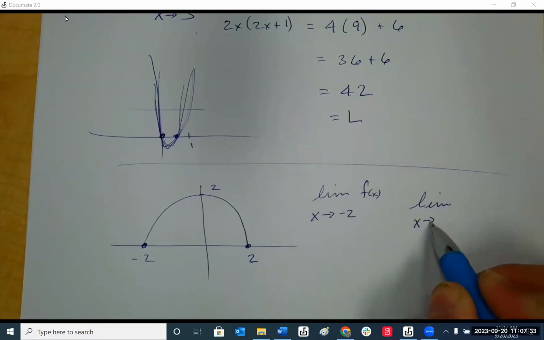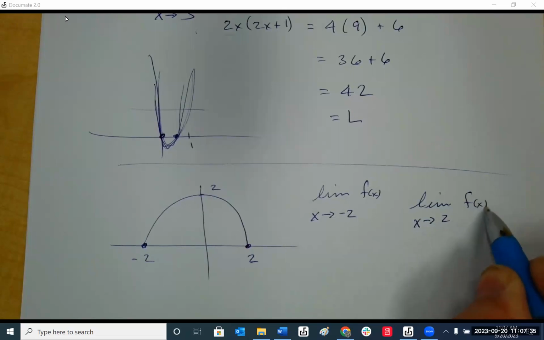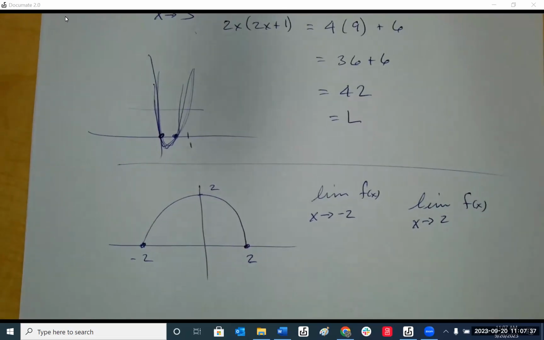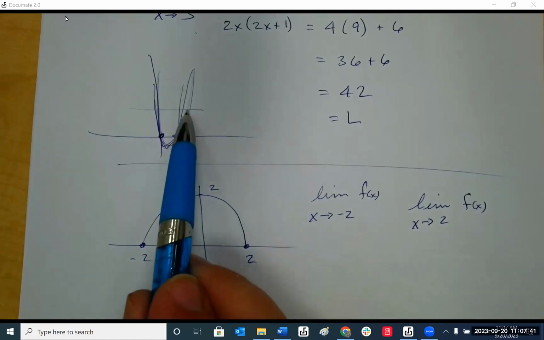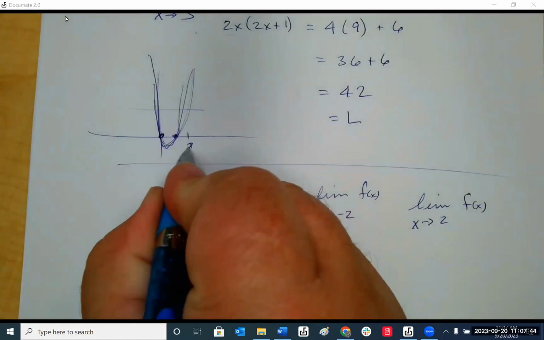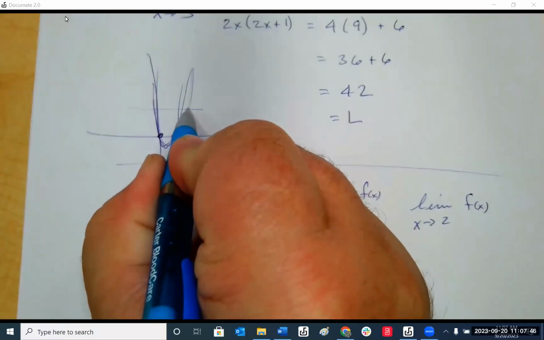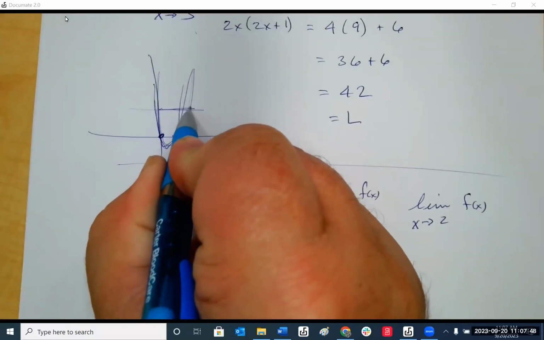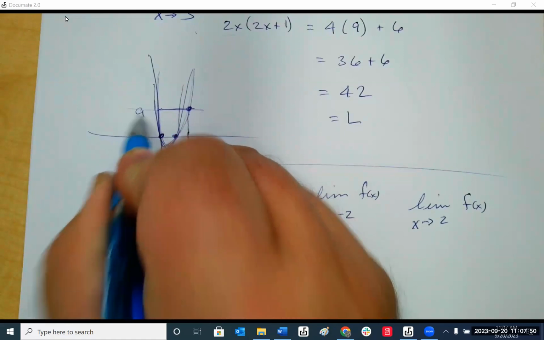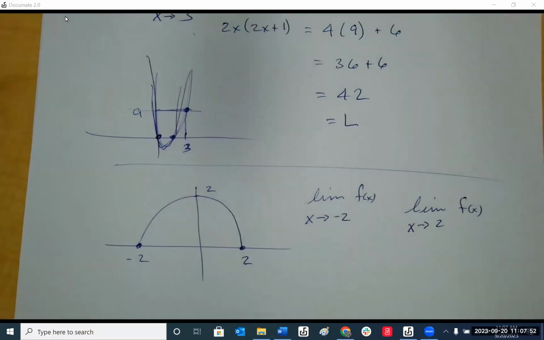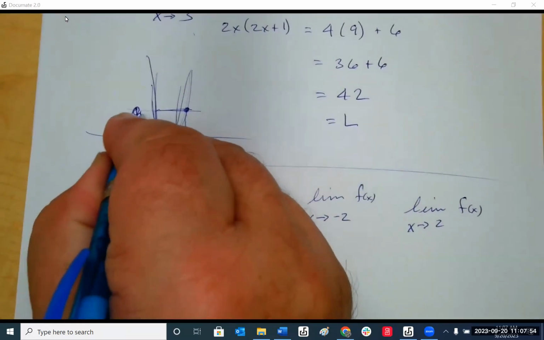We can also take, but there is a problem. Unlike this example up here, let's say this is 3. Whatever that number equals, f of 3.